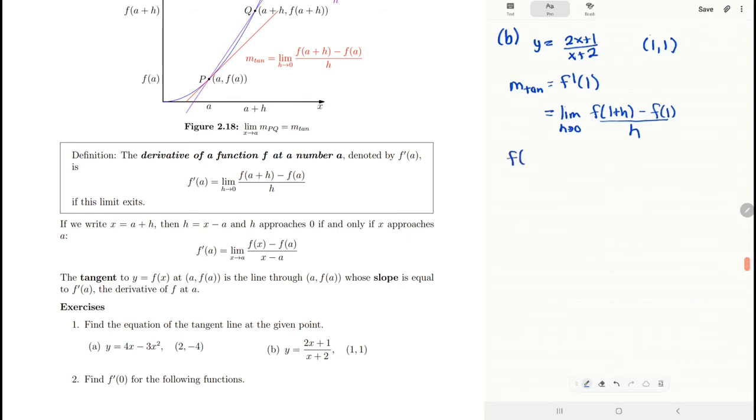So we need to determine f(1) and f(1 + h). So let's first calculate f(1 + h). This is (2 times (1 + h) + 1) divided by ((1 + h) + 3), or plus 2.